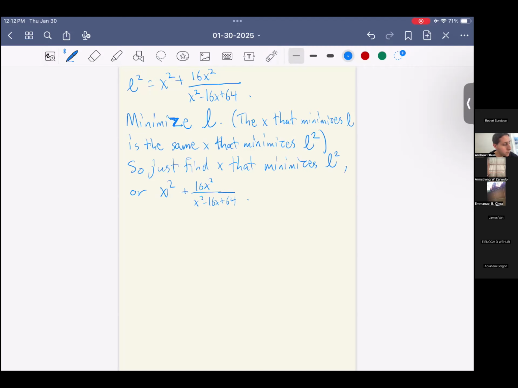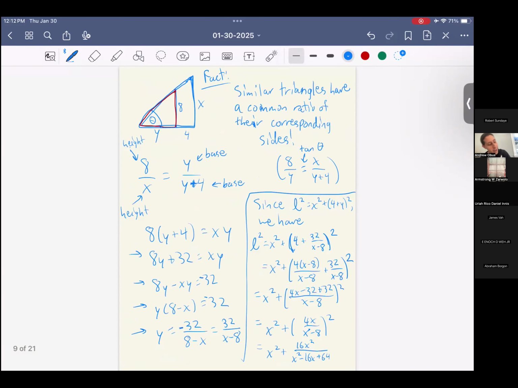Okay. So what do we do here? Now we're ready for the calculus. Now we're ready to take a derivative and set it equal to 0. That's how we minimize things. So after all of this setup, the similar triangles or trigonometry, however you want to do it, writing an expression for the length, making all sorts of substitutions and getting it so that the quantity you want to minimize is in terms of one variable.